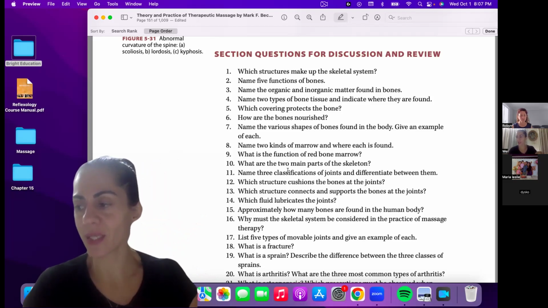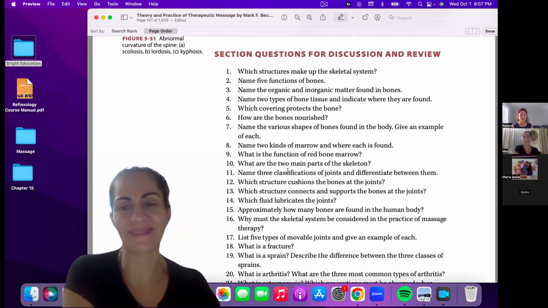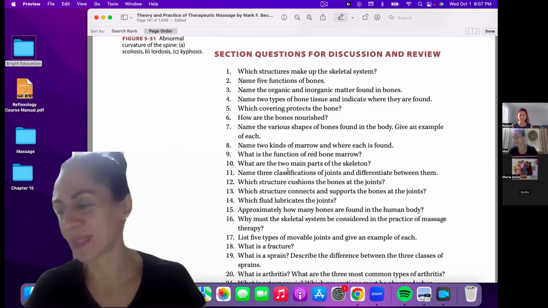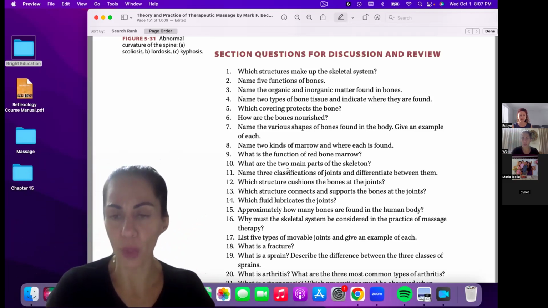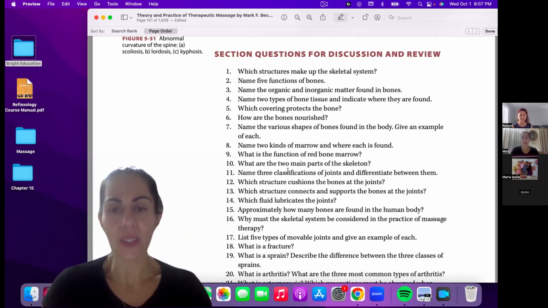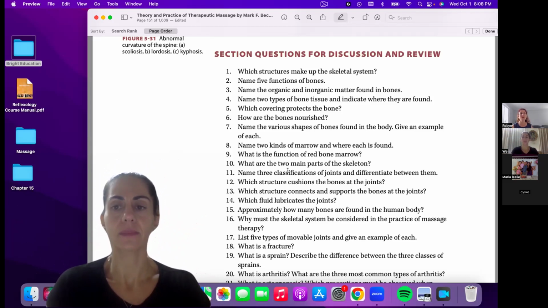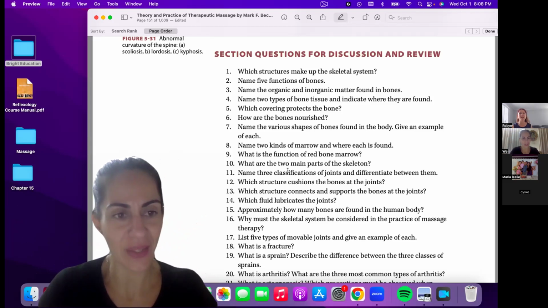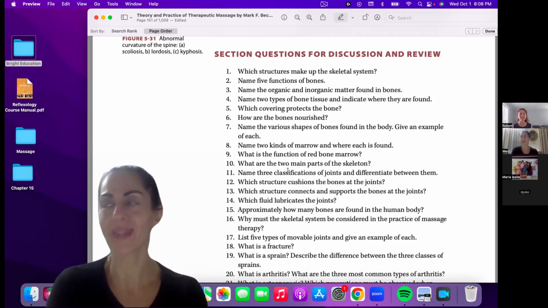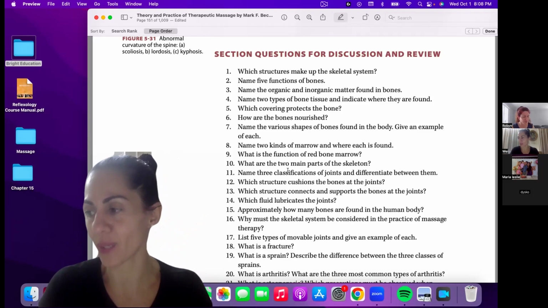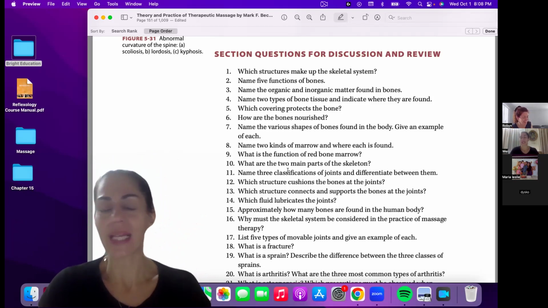One starts with an S, one with an A, one with a D. Synovial is movable. What's another name for movable? Diarthrosis, or diarthrotic. Cool, that is the synovial type of joint, correct.